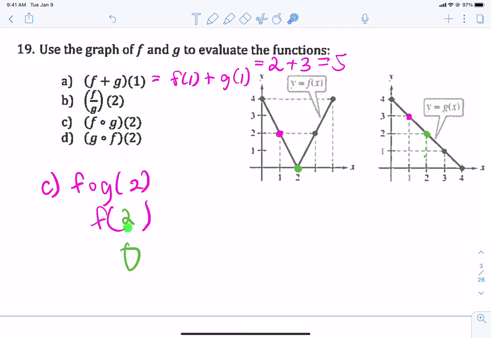Then we're going to take that answer and look at the f function. The height is 0. Now part D, you start with the f function, then go to the g function. So you have to go in the inside and work your way outward. Any questions about 19?